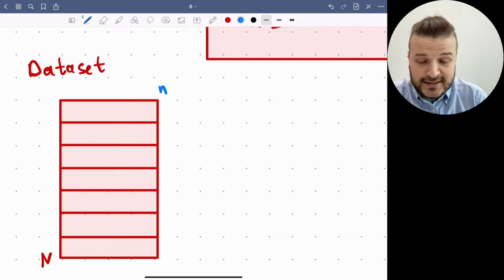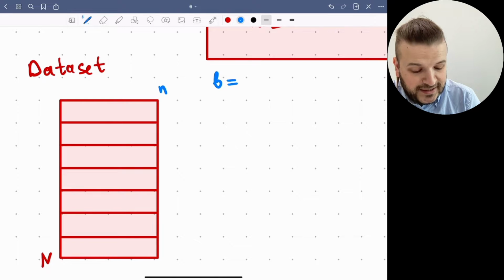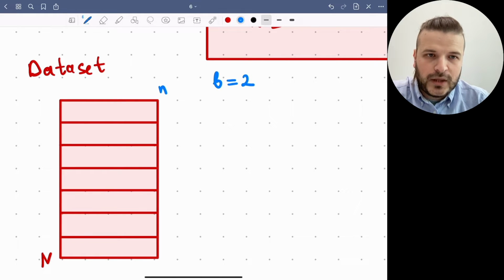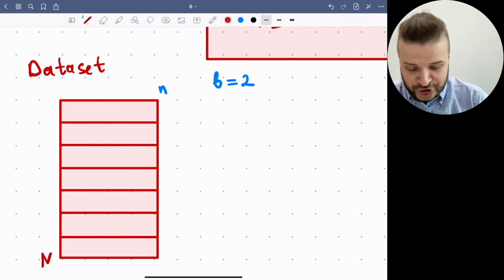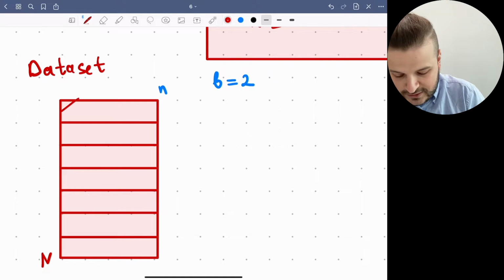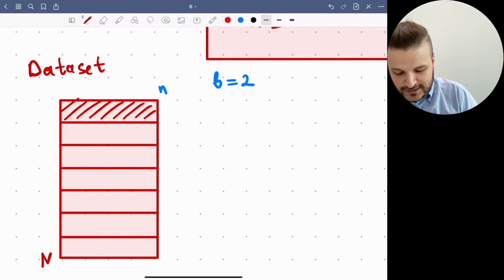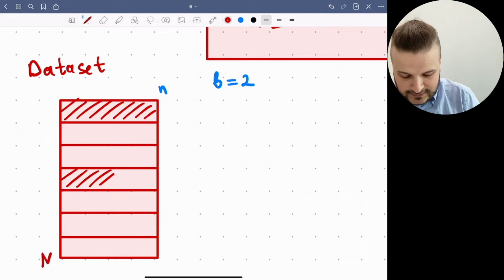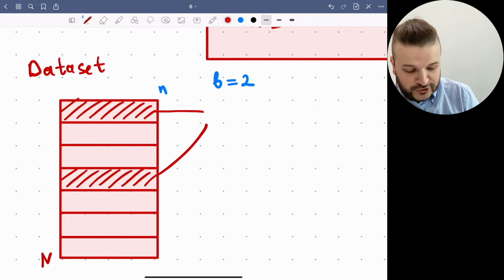That doesn't matter for us. I'll select a batch size equal to 2, which means that on the first iteration of mini batch SGD, I'll randomly select, for example, this point from the dataset, and this point of the dataset. And they all go to the first iteration of SGD.